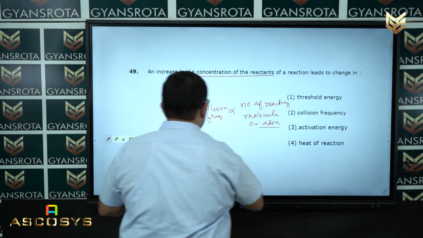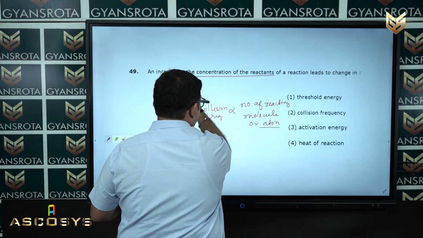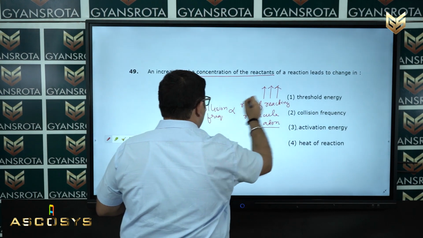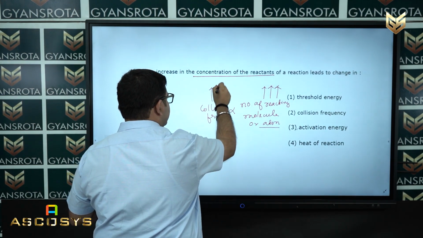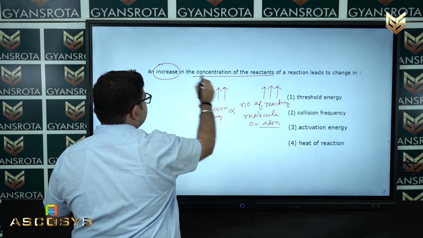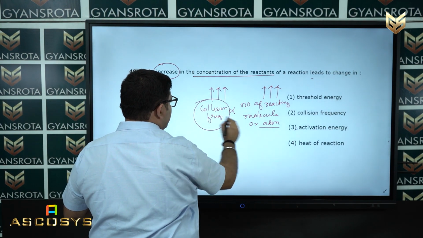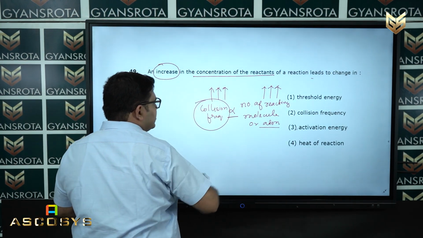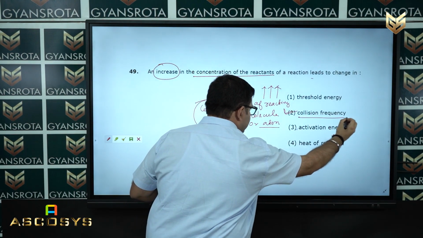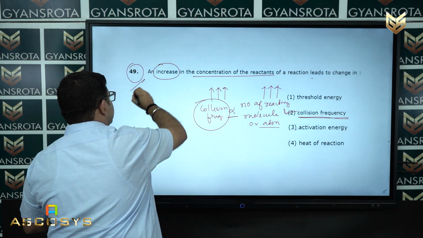It means if my number of reacting molecules or ions increases, my collision frequency value also increases. Now, what they are saying, increasing the concentration of the reactant leads to change in collision frequency, which is directly related. So, among the 4 options, option number 2, which is given as collision frequency, is the correct answer of your question number 49.